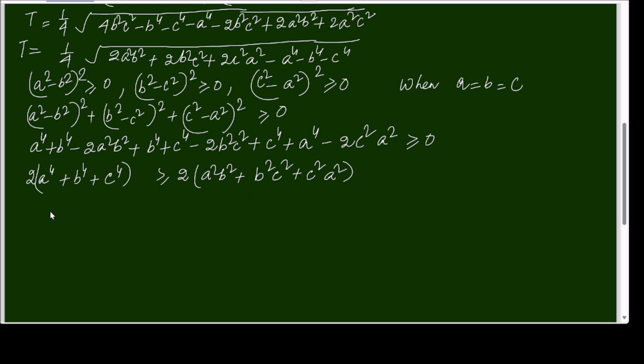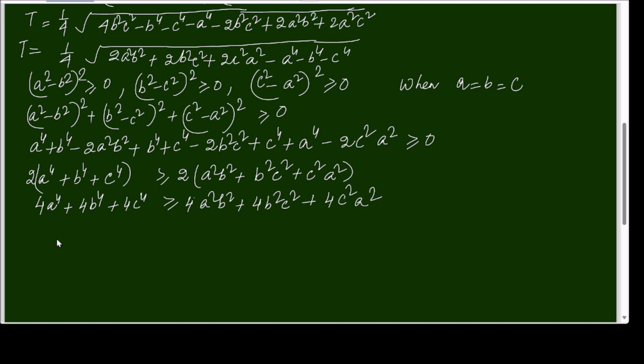Here I'm multiplying the whole thing again by 2, so that I'll get 4a^4 plus 4b^4 plus 4c^4 is greater than or equal to 4a square b square plus 4b square c square plus 4c square a square.